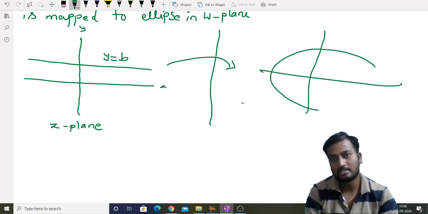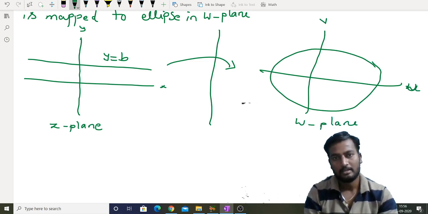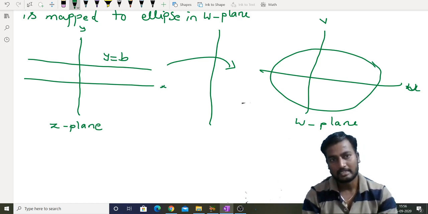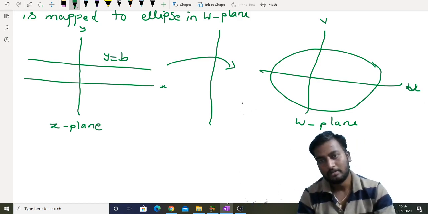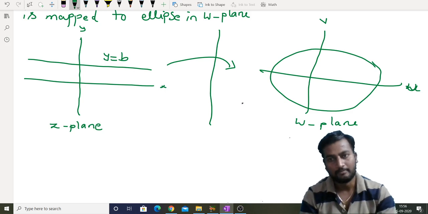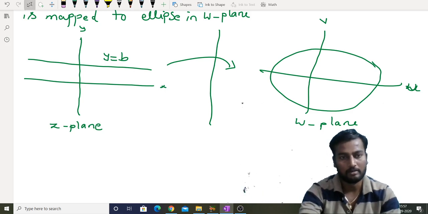It is an ellipse, right? This is your w plane, with u and v axes. So a straight line y equal to b, a line parallel to the x-axis in the z plane, is mapped to an ellipse in the w plane under the transformation w equal to sin z. That we have to conclude.